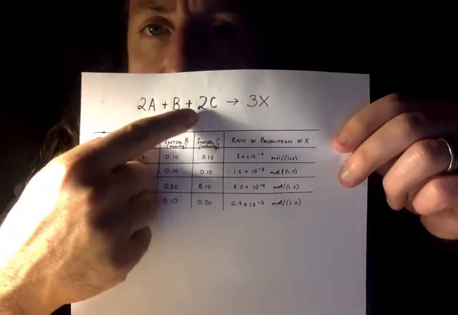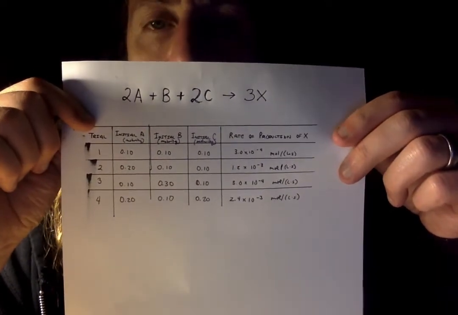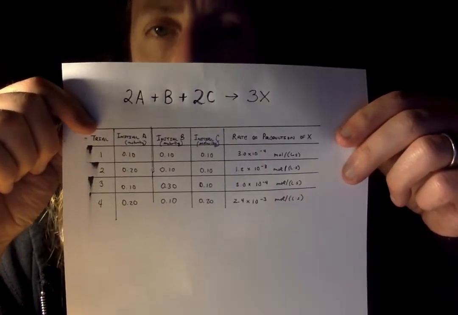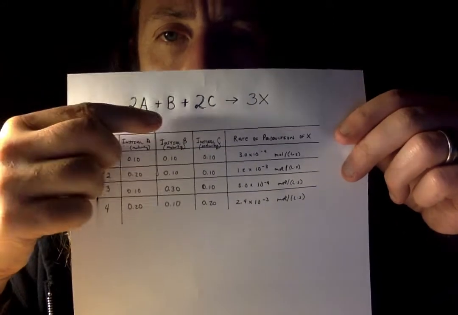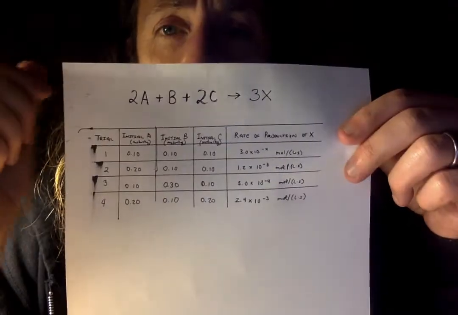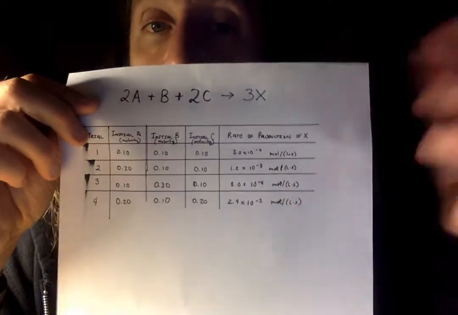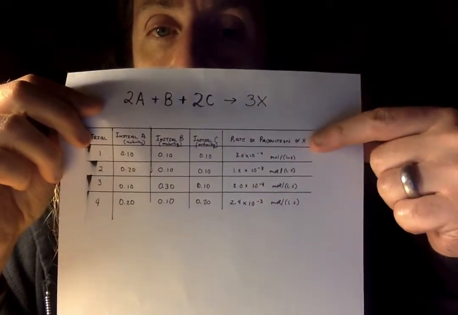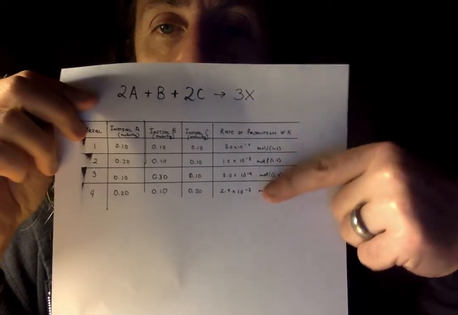This is a pretty unlikely reaction just because, when you have three things trying to collide, that's bad. And then you've got two of these and two of these and one of those. And what are the odds they're going to have the proper energy and orientation? But apparently it does work to some degree because it has a rate here of production of X, okay?